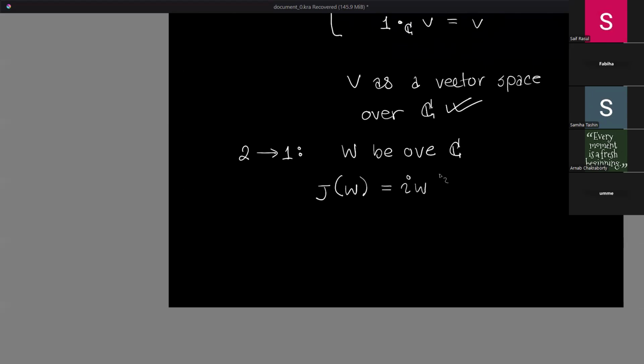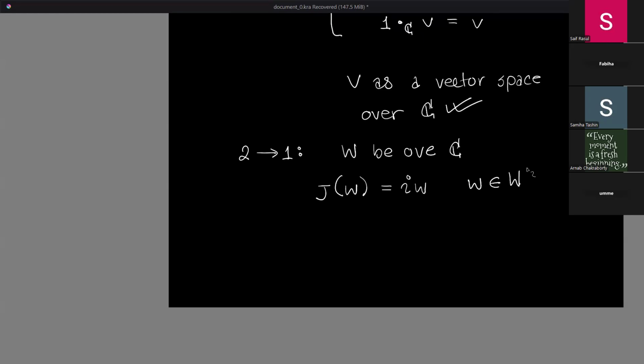Remember, we have access to i from this direction because we're working in a vector space over the complex numbers. So we're allowed to scalar multiply i into a vector, where W is an element of big W.